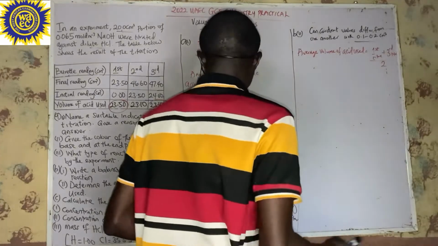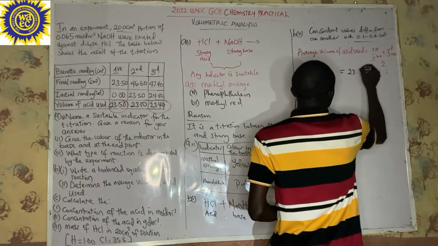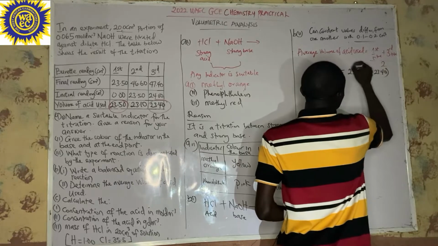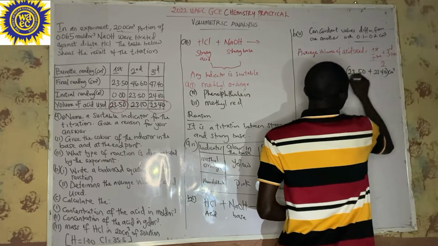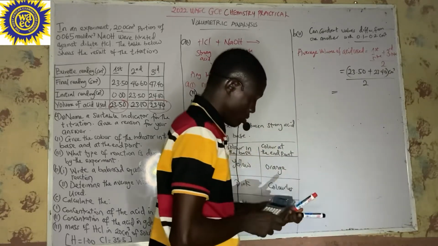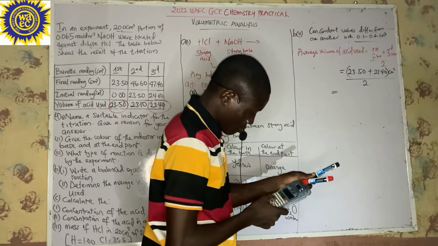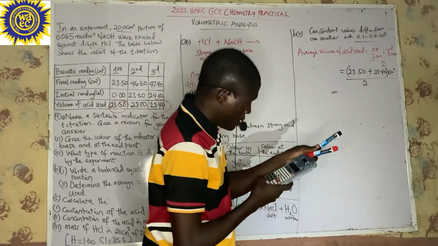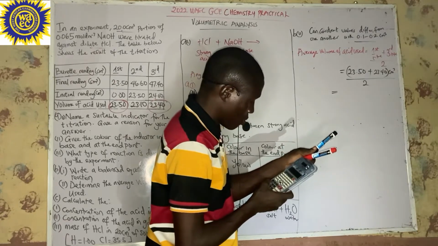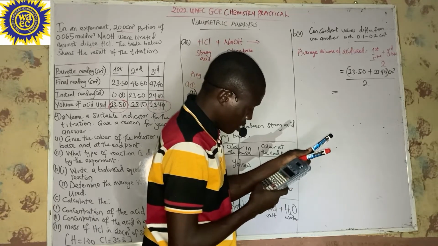So we have 23.50 plus 23.40 centimeter cube, divided by 2.